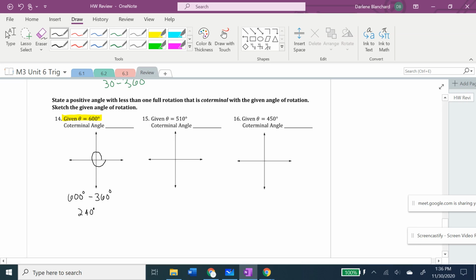Thank you. And so you need to figure out where is 240. So you want to remember that 0 degrees is the positive x-axis, 90 degrees, 180. And then what does that make this negative y-axis?